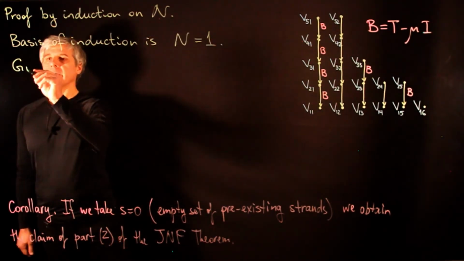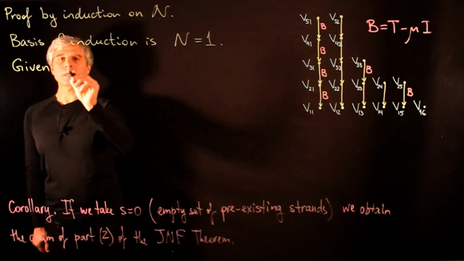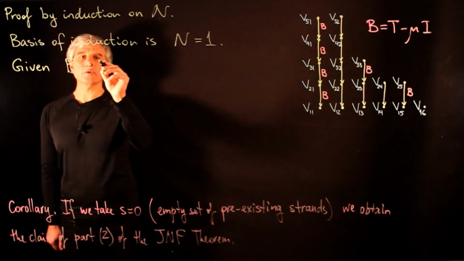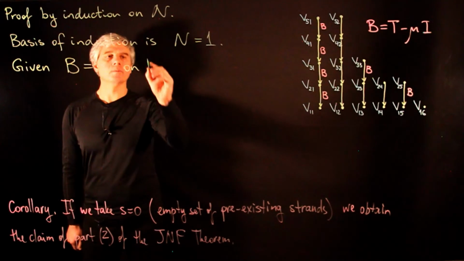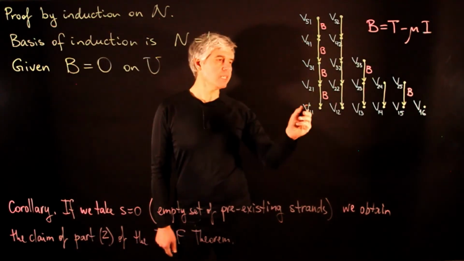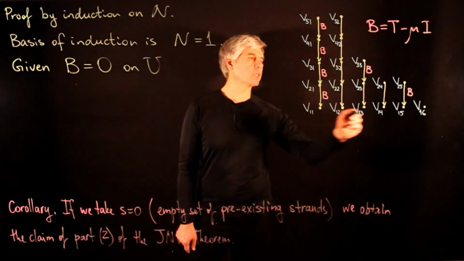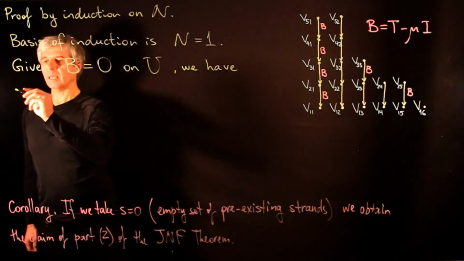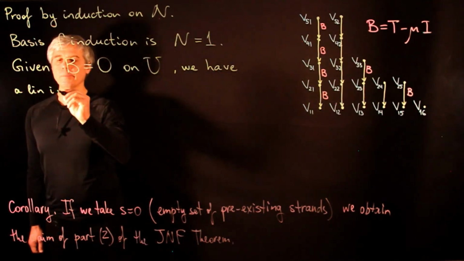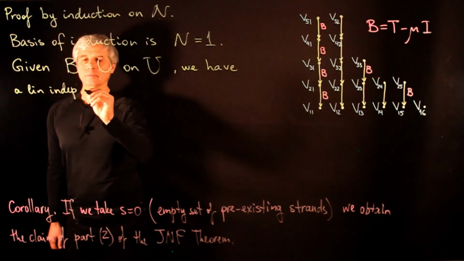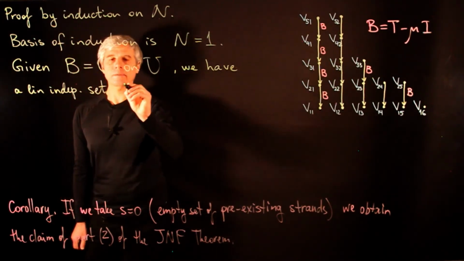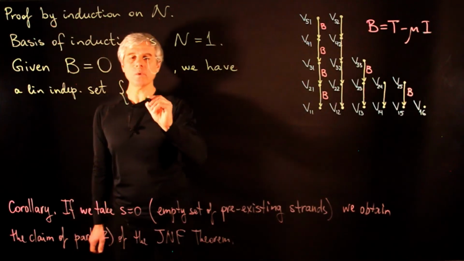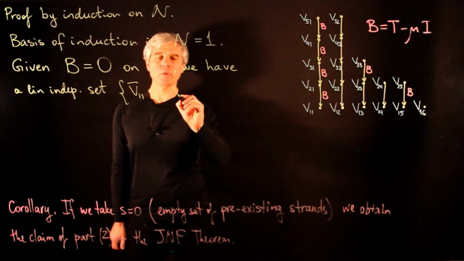So here we are given that operator B is equal to a zero operator on U, which makes sense because here we are talking about our bottom layer. And we have a linearly independent set V11 through V1s.